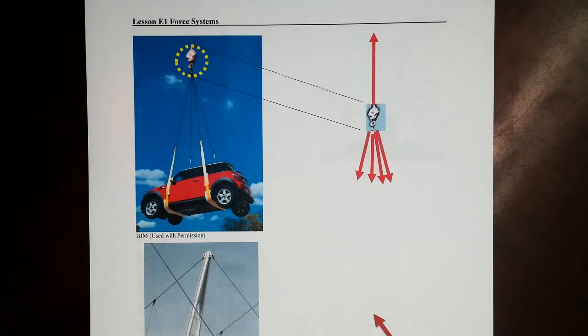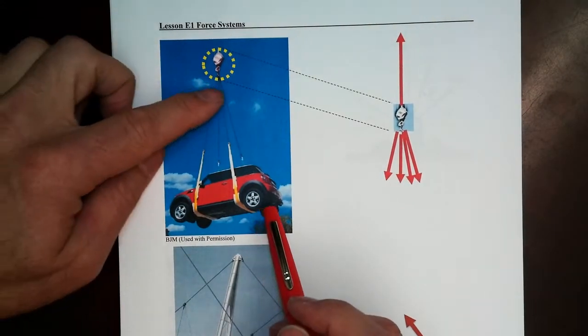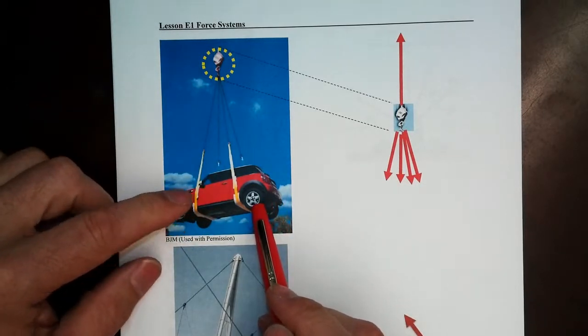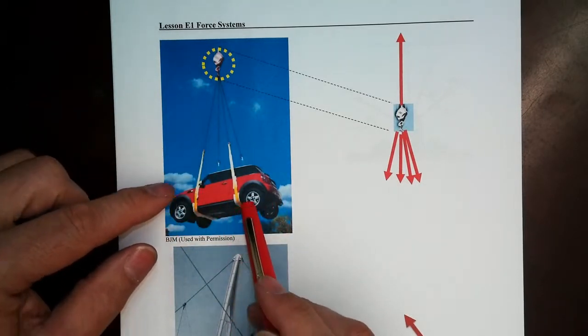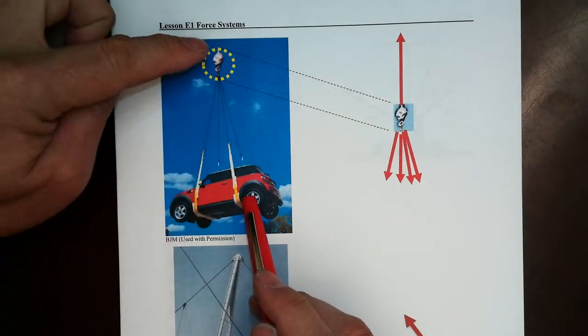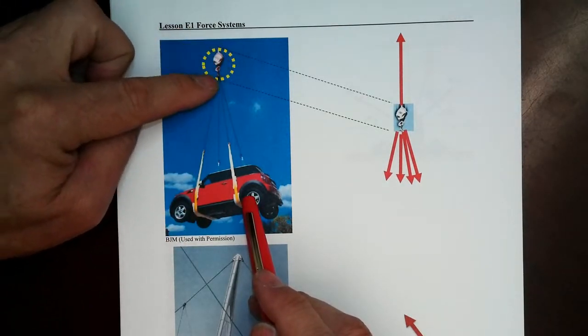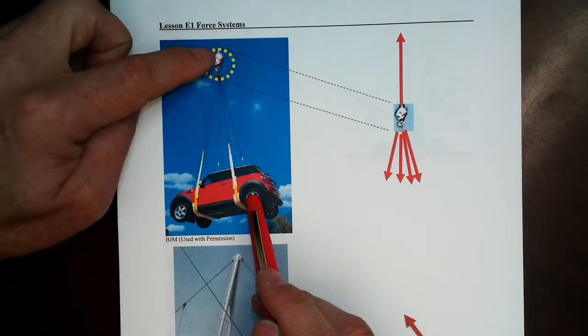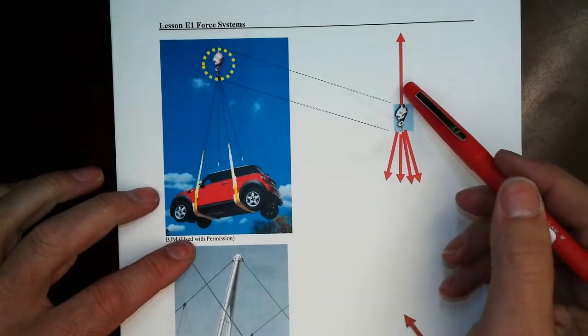Context-wise here, I want you to take note that we've got this three-dimensional cable hoist system with this car down here. Its self-weight is what's driving the whole system. Then we've got a free body diagram that we're going to create by cutting around this little hook part, and we're going to free out this cable.